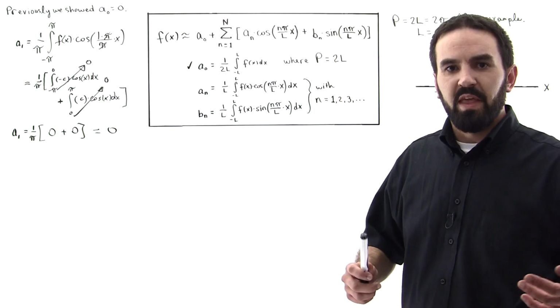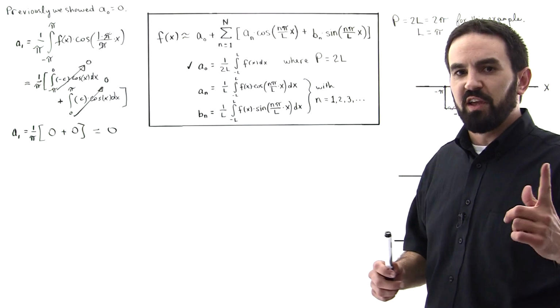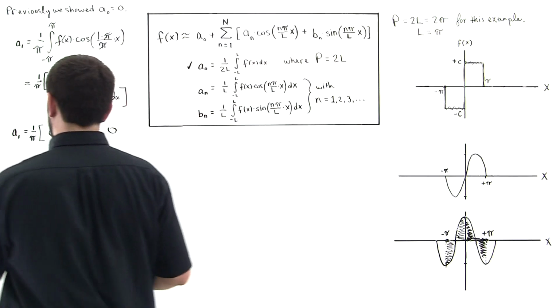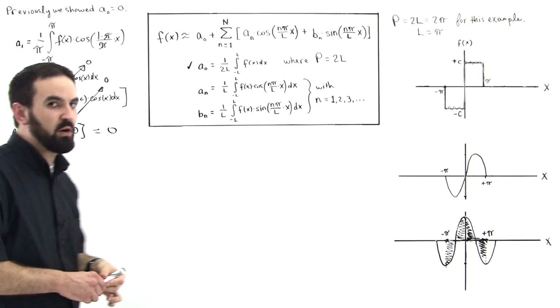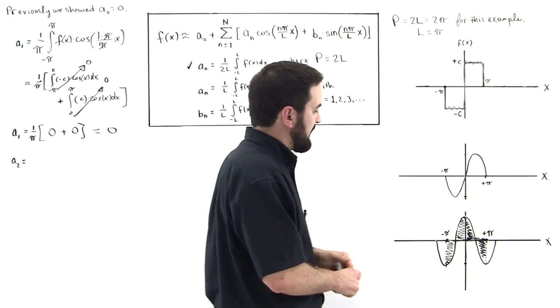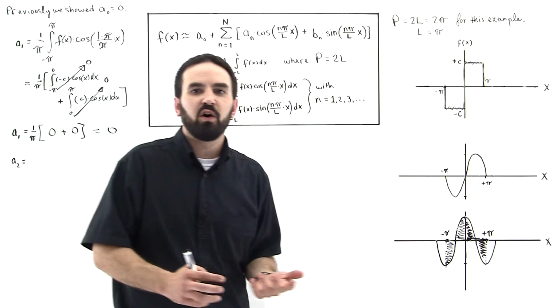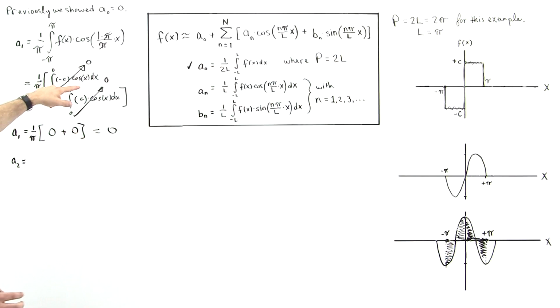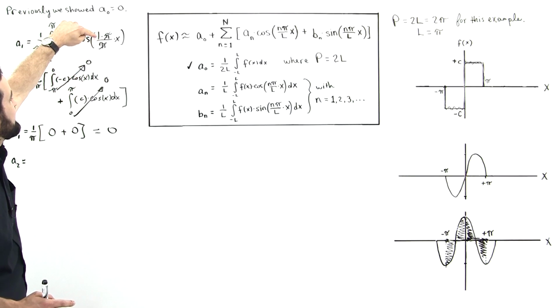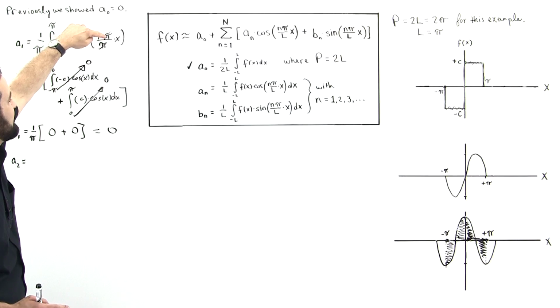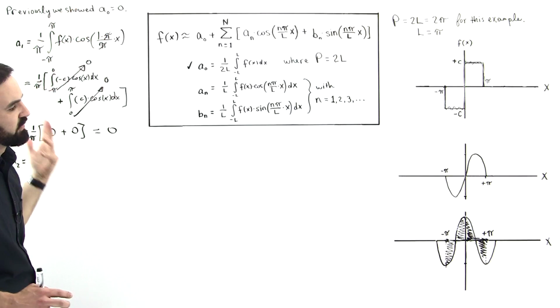Okay, next, A2. Well, here's the thing. Let's take a look at A2. We can make a generalized claim now. Because we know all of A's are going to be equal to 0. A2 is going to involve the cosine of 2x, right? Because look, this number here, this is the n, this becomes a 2, the pi's cancel again, so it's going to involve the cosine of 2x.